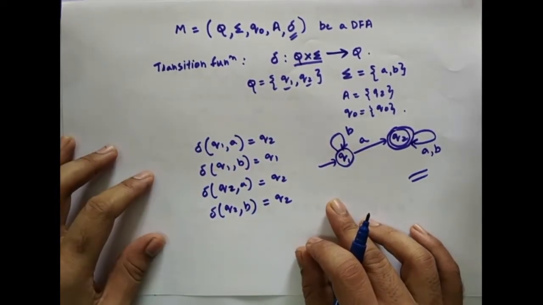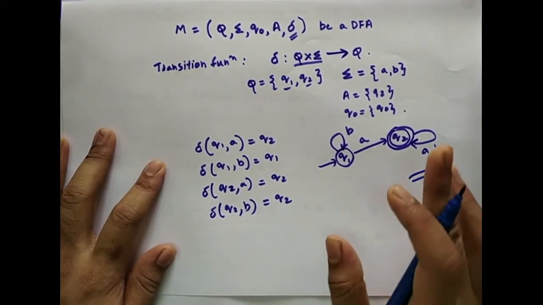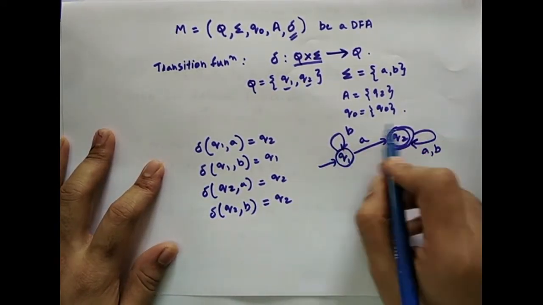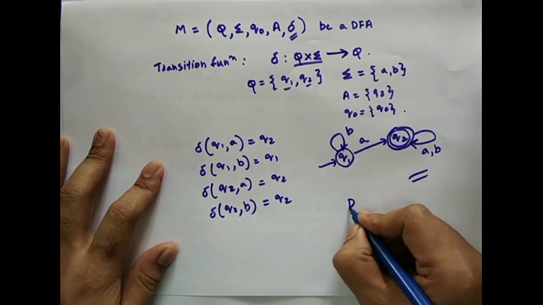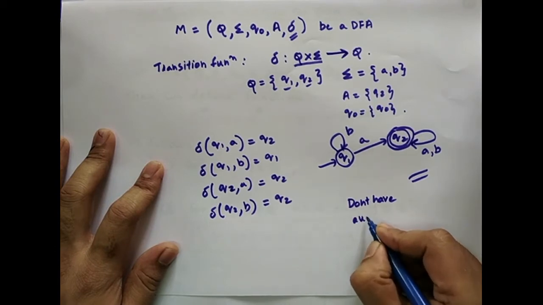Now can you figure out any shortcoming of this transition function? We have already seen that finite automata don't have auxiliary memory.